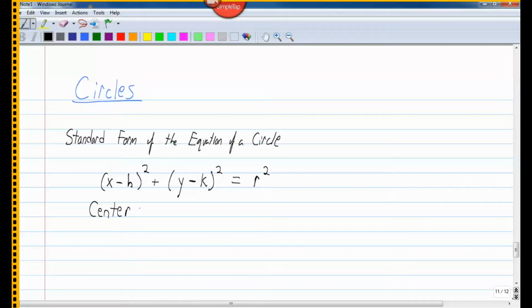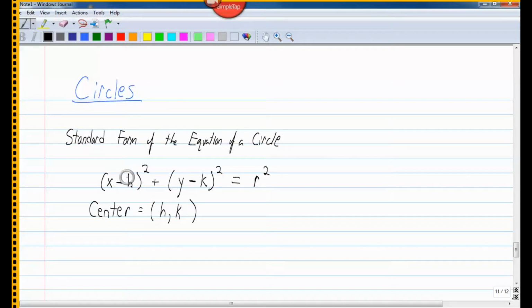That is always equal to, from the standard form, (h, k). So if you can get the point (h, k), that's the center. Notice that there's a minus in front here and here. So to find the first coordinate, you take the opposite of whatever is here.